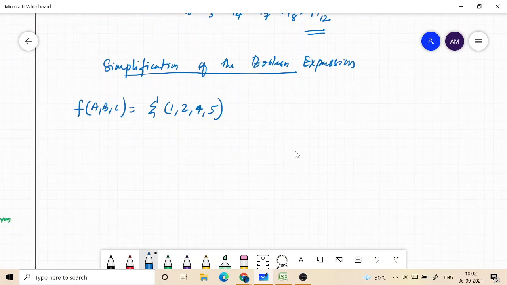So if I write this, a bar b bar c plus a bar b c bar plus a b bar c bar plus a b bar c.